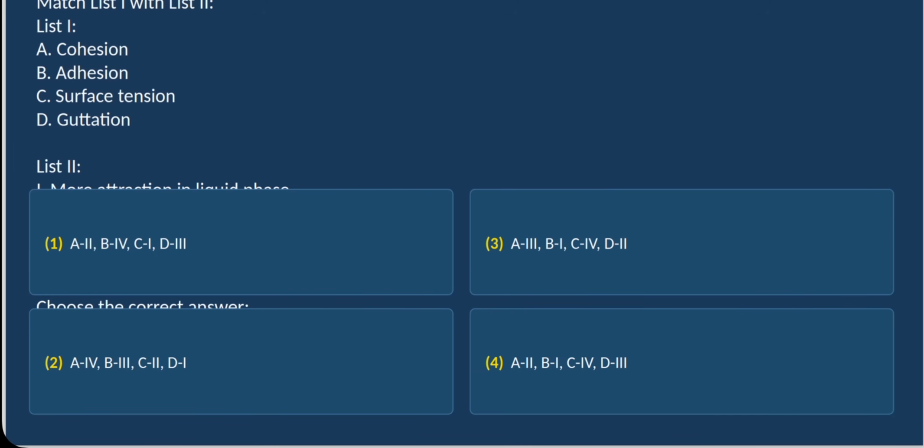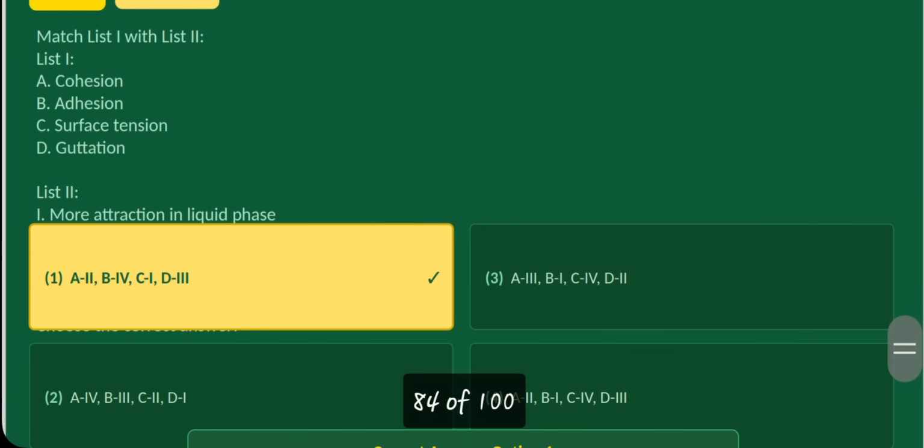Okay, so here the correct option is A2, then B4, surface tension, more attraction in liquid phase, C1, D3. So these are the options. Cohesion is force of attraction between like molecules. Adhesion, unlike molecules, force of attraction. Surface tension, more attraction in liquid phase. Guttation is loss of water in the form of water droplets.